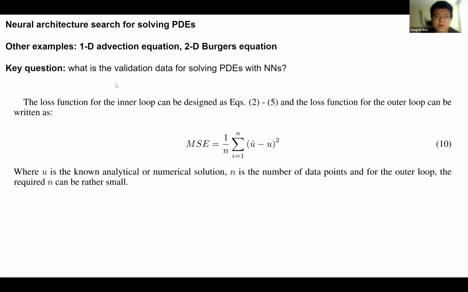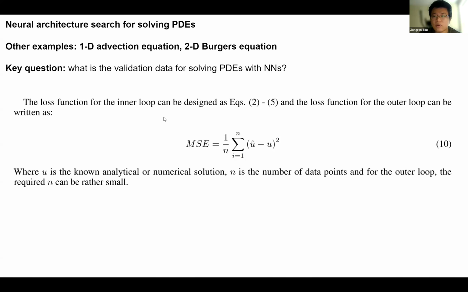But still the question remains, I think, when we use PINNs to solve PDEs, it's unlike a lot of supervised learning problems from the computer vision community. Of course we have the values of the solution at the boundaries, at the initials, but on the domain, we don't have any values of the solution. Then how do we evaluate?